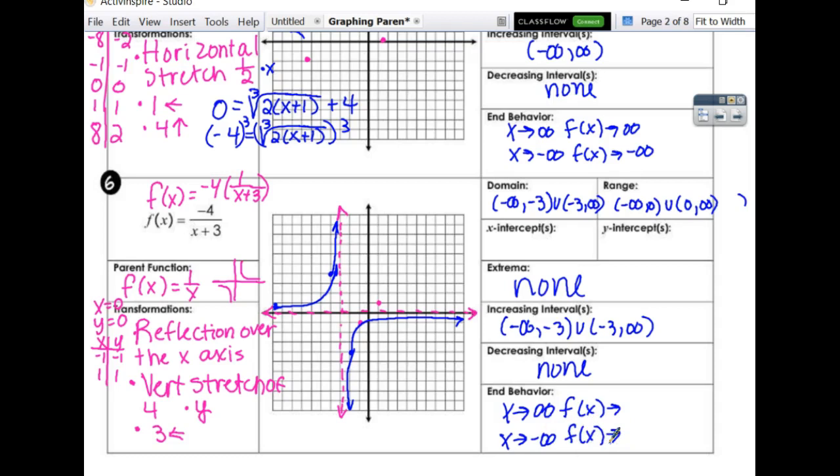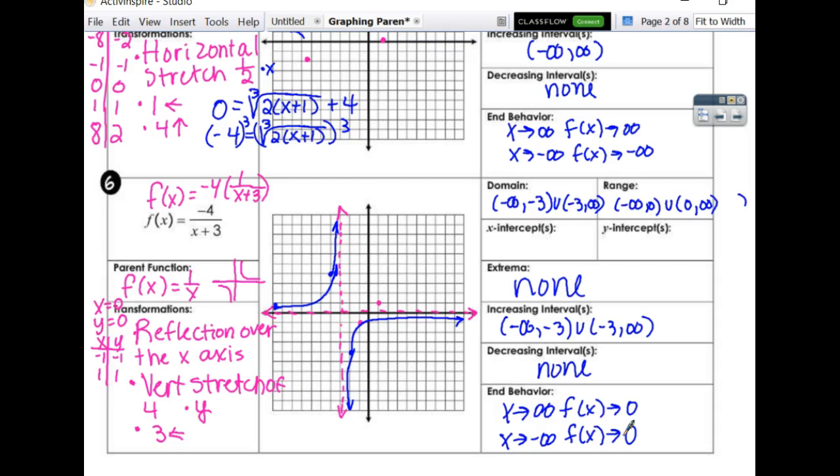So as my x approaches infinity, what is my y moving to? 0. As I approach negative infinity, my y is moving to 0. Can I have an x-intercept? Why?